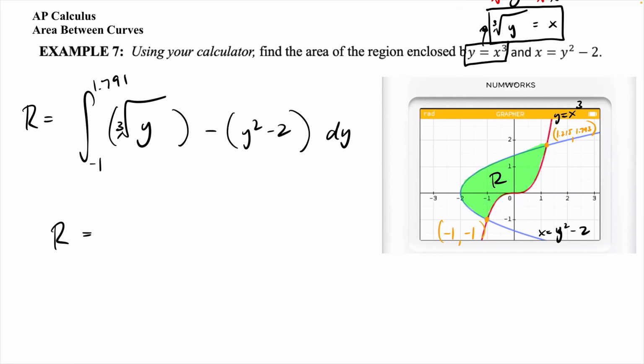My notes say 1.793. Oh yeah, it would be 1.793 if you round it up. Okay. So do that in your calculator. Verify that we got this, 4.215.